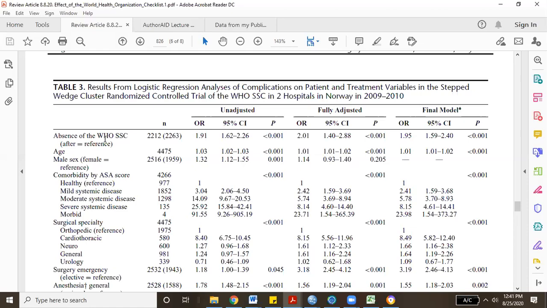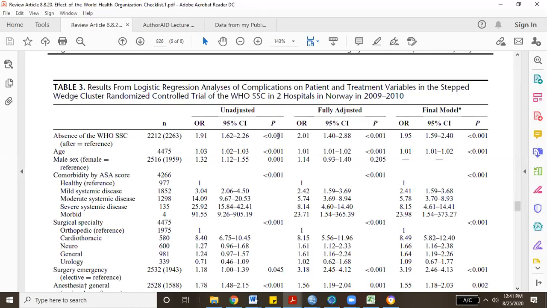So if I'm going to interpret this, the interpretation would be patients that didn't experience the treatment, which is the WHO surgical safety checklist, are 1.91 times more likely to have complications during surgery. And my evidence is what?